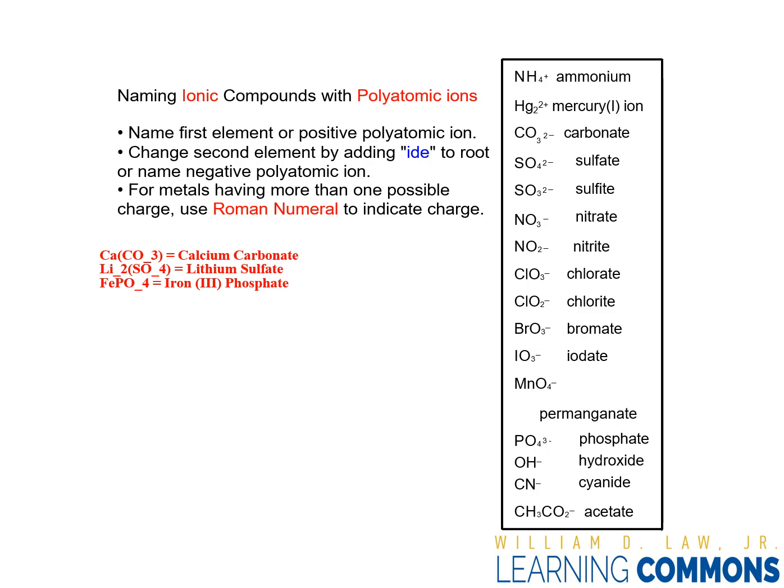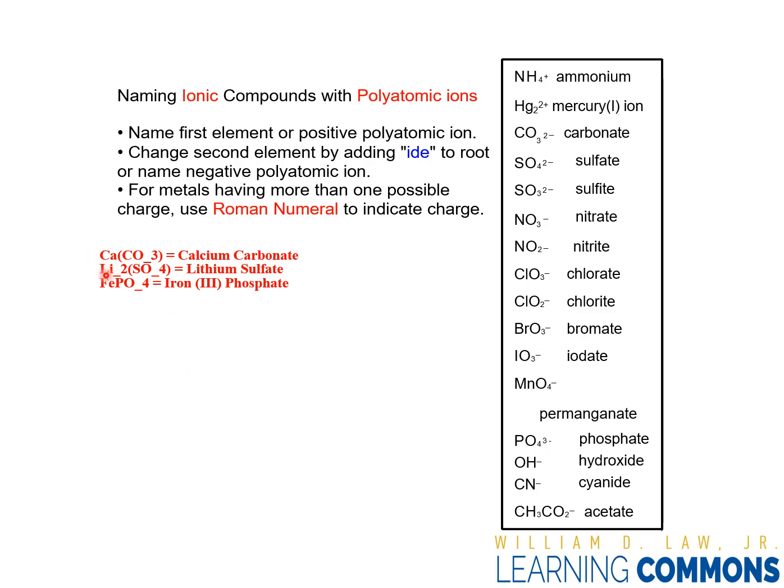And we use the same step as for naming the binary molecule, changing the root of the second element to IDE. For example, here, if you see the calcium, we keep the calcium the same.